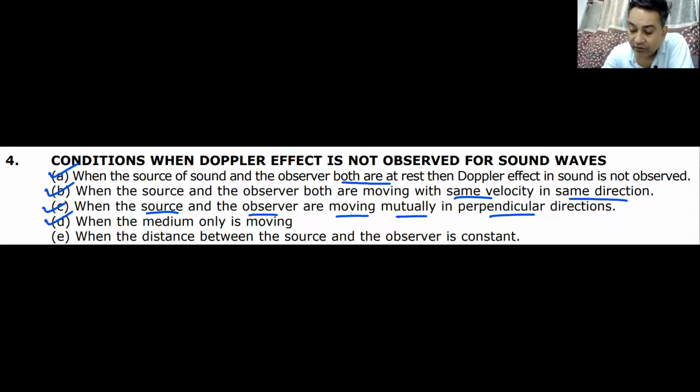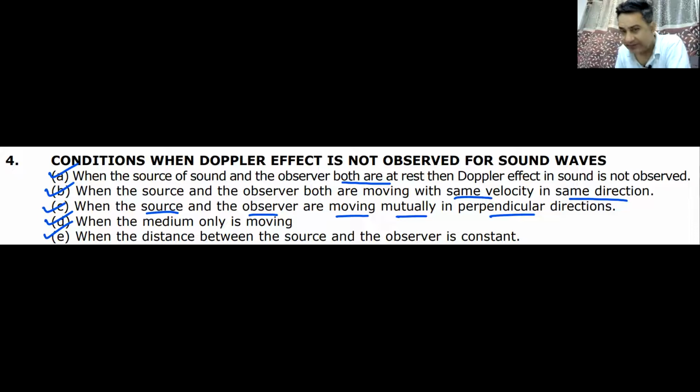If only the medium is moving, a strong wind is blowing, source is stationary, observer is stationary, but a wind is blowing, no Doppler effect. The other way of saying it is when the distance between the source and the observer is constant. So there must be a change in distance.